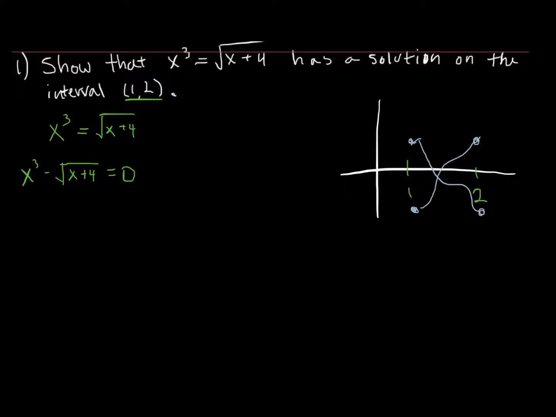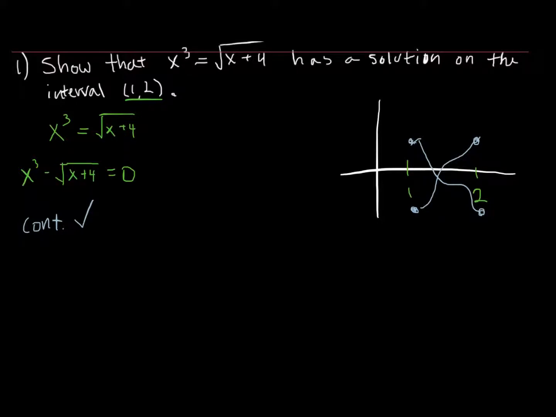So first let's check if this is continuous. It's a combination of a polynomial and a radical, so it is continuous. And now we just need to find some x values, one which makes it positive and one which makes it negative. Why not just try 1 and 2, since that's the interval we're on?